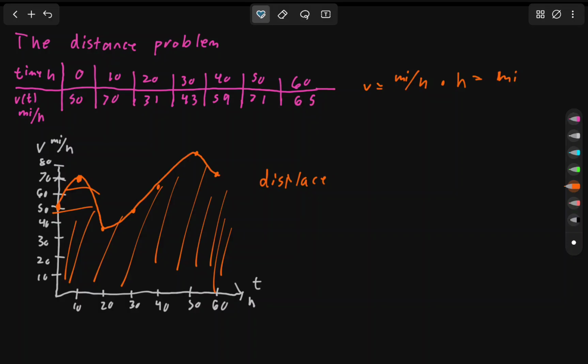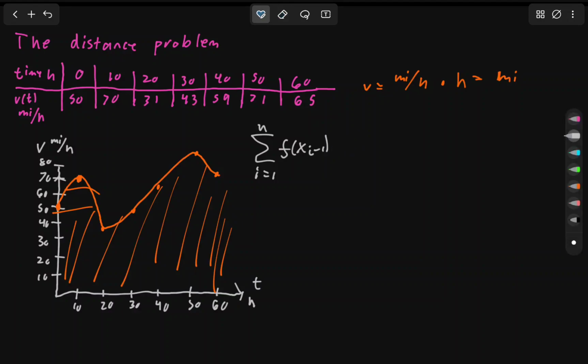Let's use a left-hand Riemann sum. So I always like to start out by writing my sums. I get the sum from i equals 1 to n of f of x sub i minus 1 times a change in x. Well, what's our change in x for all of these?